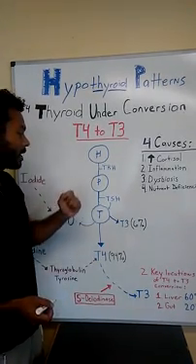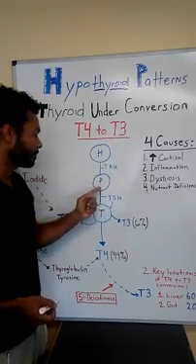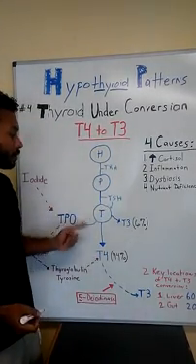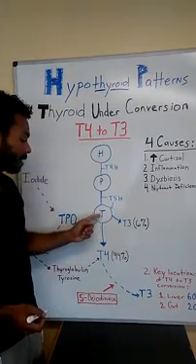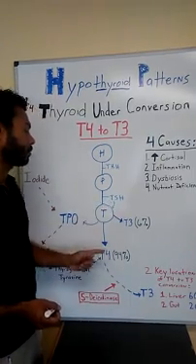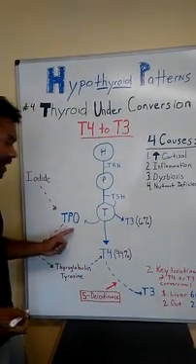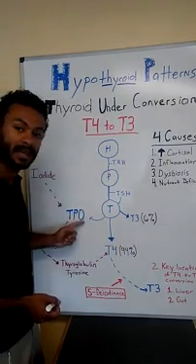We start off with the brain. The hypothalamus sends thyroid releasing hormone to the pituitary. The pituitary sends thyroid stimulating hormone to the thyroid gland, which gets it going to produce thyroid hormone. It will release an enzyme called TPO, which stands for thyroid peroxidase enzyme.